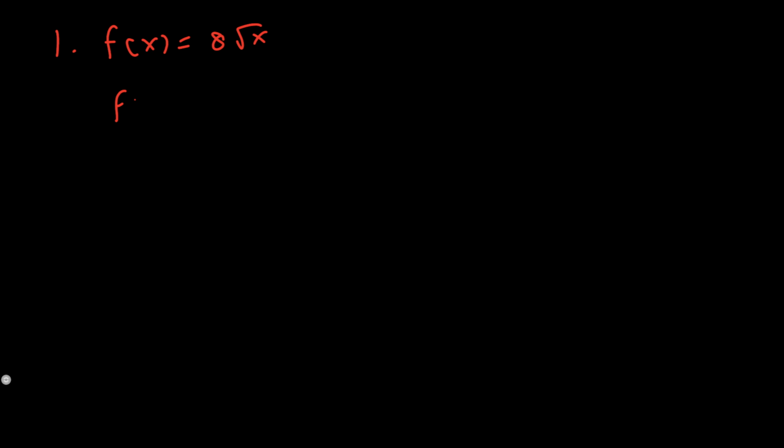So, to find the derivative, f prime of x, we have that it is equal to the limit as h approaches 0 of f of x plus h minus f of x all over h.